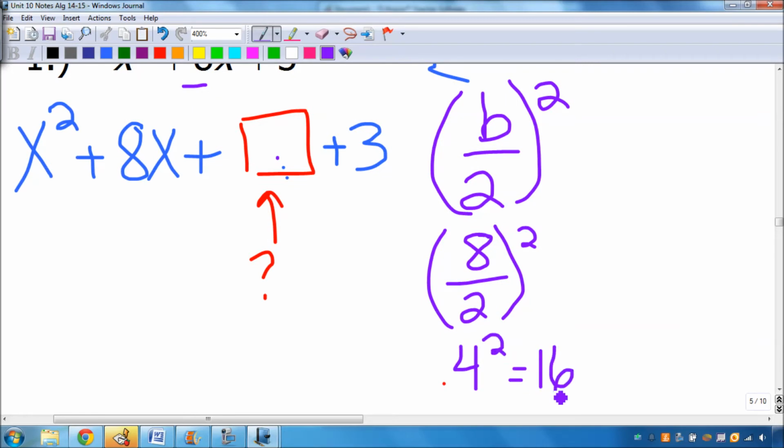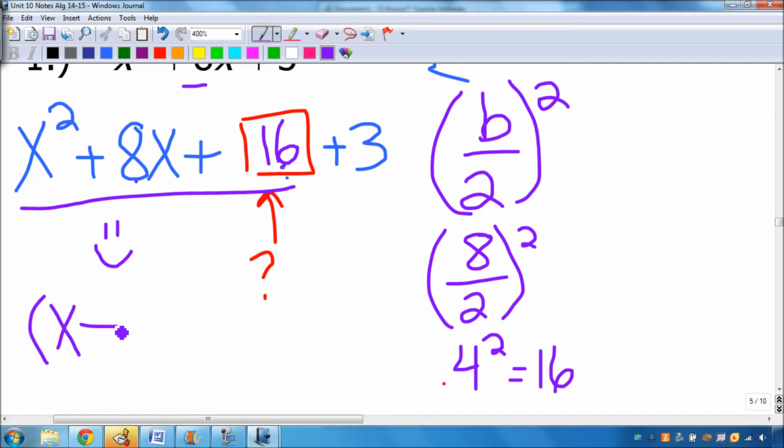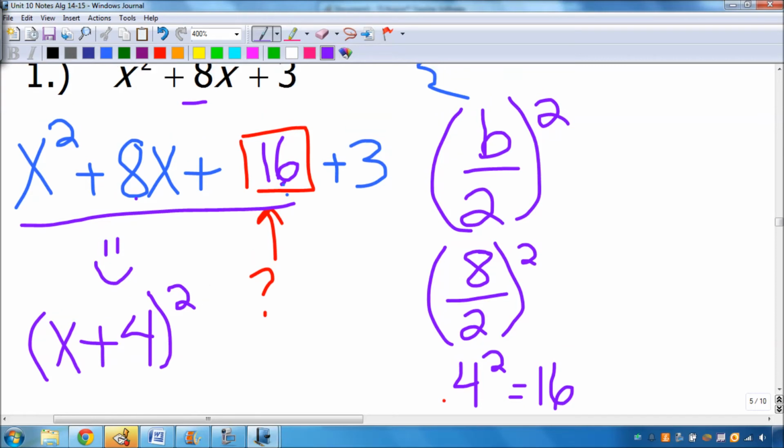So that's the missing piece that I have right here. Once I write plus 16 in this box, my square has been completed because 4 times 4 gives you 16 and 4 plus 4 gives you 8, which means that I will be able to factor this as x plus 4 quantity squared.